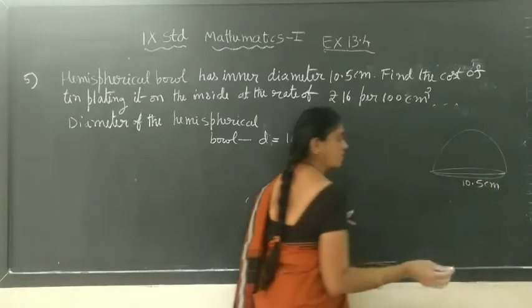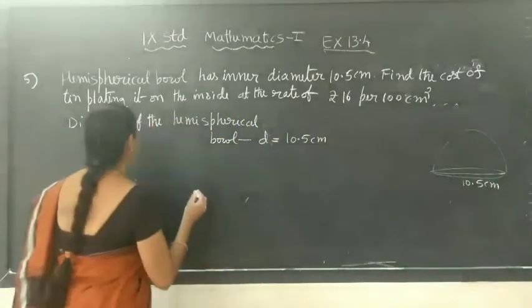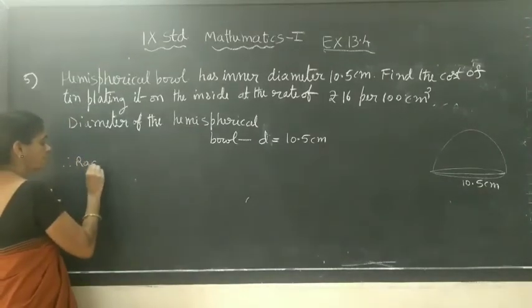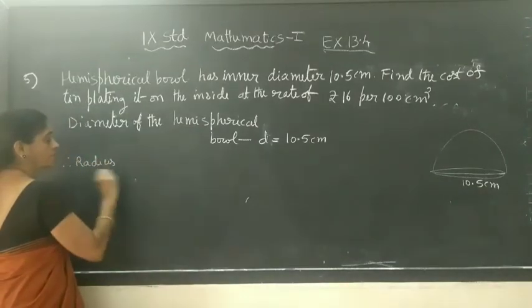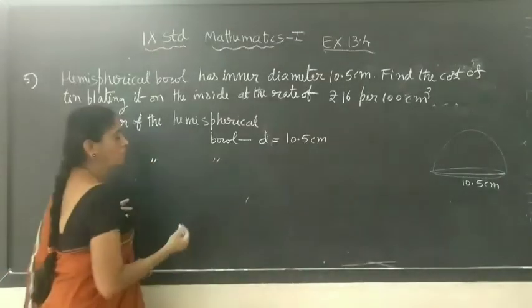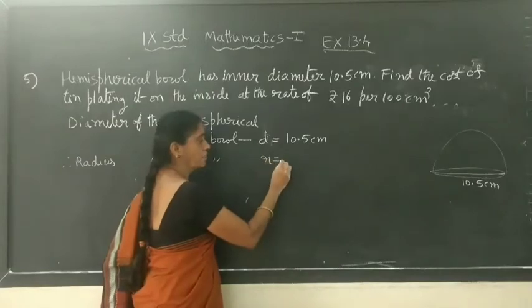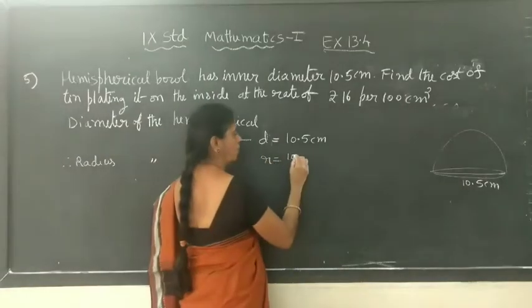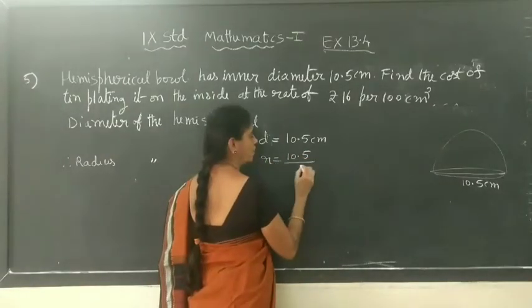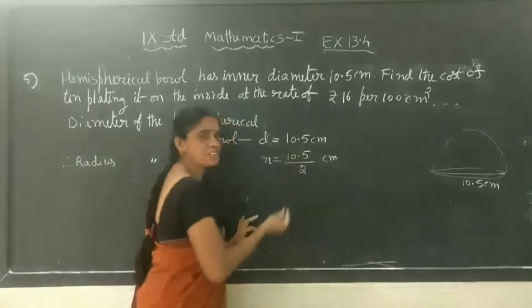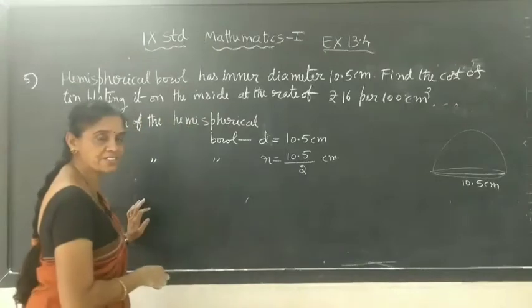We want radius, therefore radius of the hemispherical bowl, symbol R, is equal to 10.5 divided by 2 centimeter. Keep as it is, no problem. While doing calculation, we will simplify.